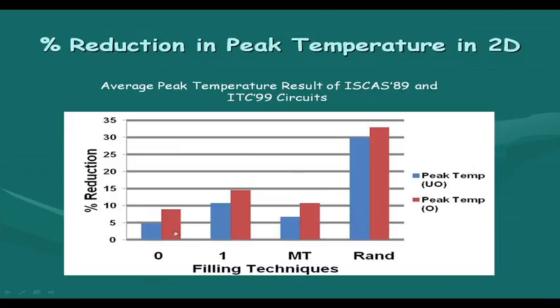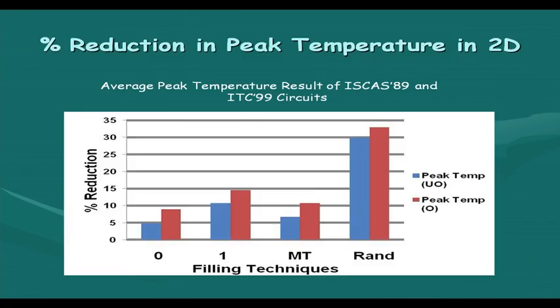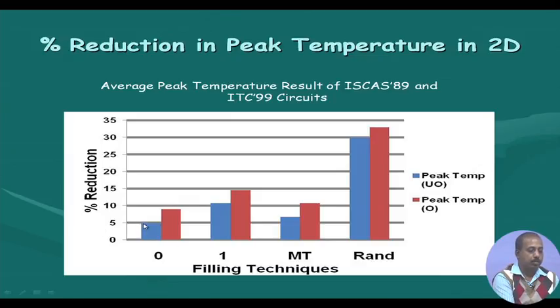Temperature reduction results: you see that though we have not directly tried to minimize the temperature, our power minimization was much more focused. Power minimization was focused for a particular block and its neighboring block, and that results in a good amount of temperature reduction. So peak temperature reduction was 5% over zero fill when the pattern set is unordered.